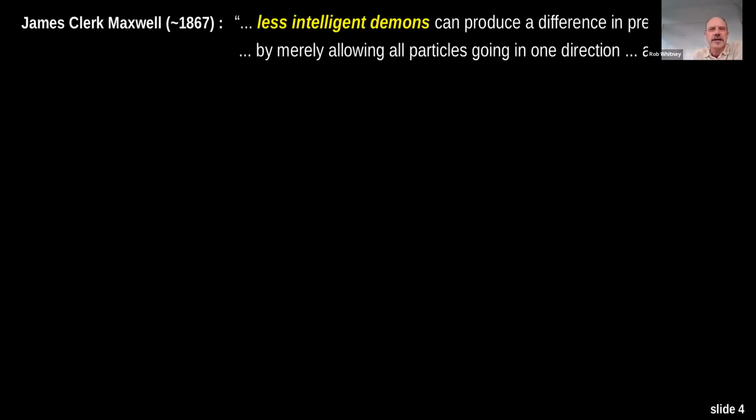So he has this quote that I put at the top of the slide that I actually can't read because the Zoom window is on top of it for me. So I'll let you read it. But it's the idea that you have a valve acting as a demon, something that lets particles go in one direction but doesn't let them flow back in the other direction.